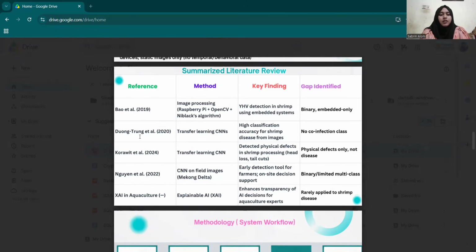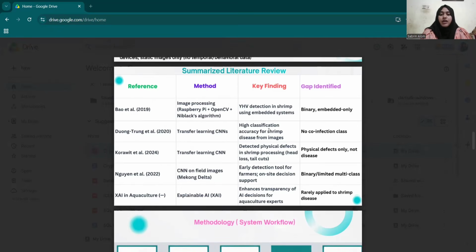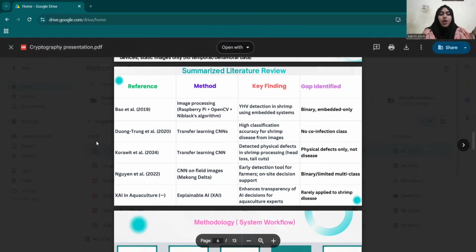Deong Trang et al. 2020. They used transfer learning CNN, and the key finding is high classification accuracy for shrimp disease from the images. Here is the research gap: we identified that there are no co-infection classes.